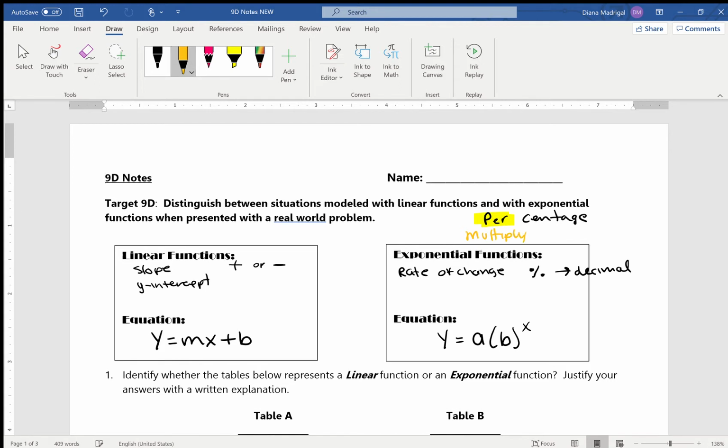And because exponential functions talk about percentages, that means that the rate of change will always be a multiplication. So for linear functions, you're either adding or subtracting. For exponential, it will always be multiplication.